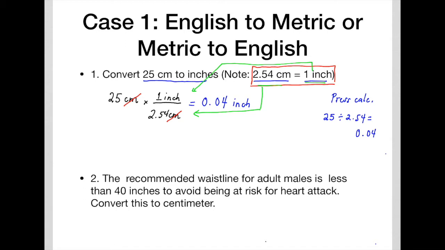Now, let me do number 2. The recommended waistline for adult males is less than 40 inches to avoid being at risk for heart attack. Convert this into centimeter.